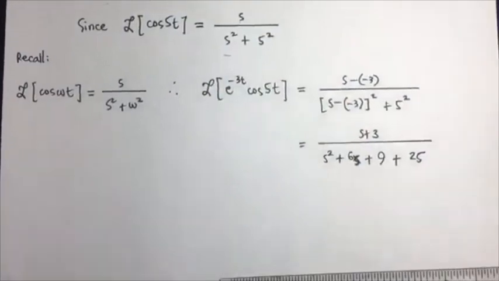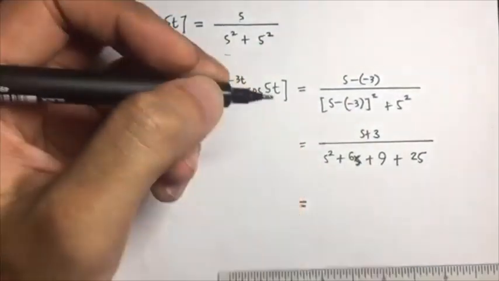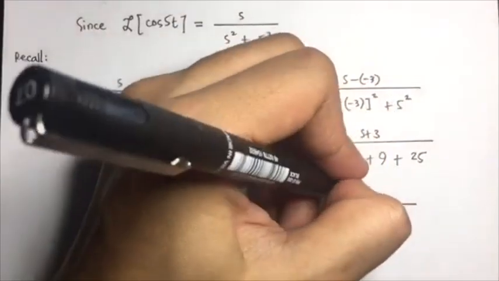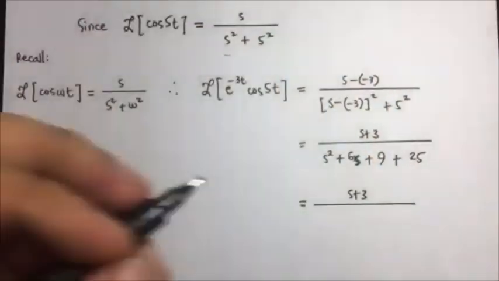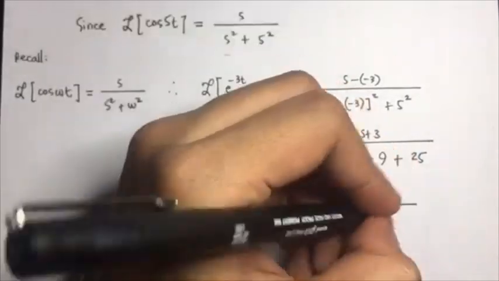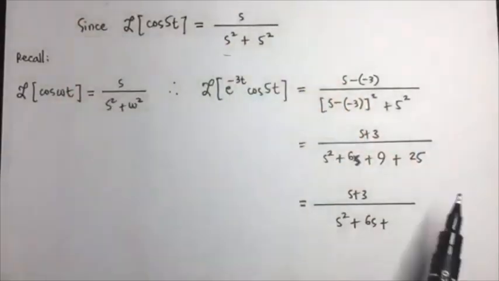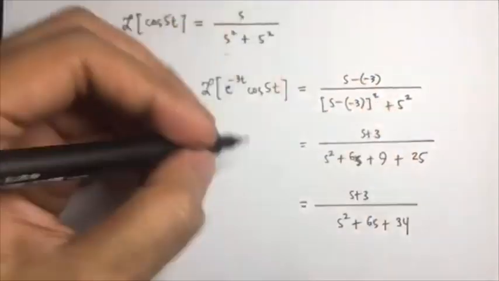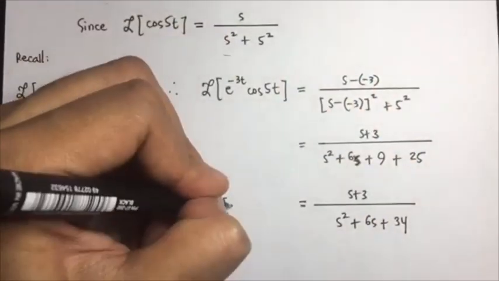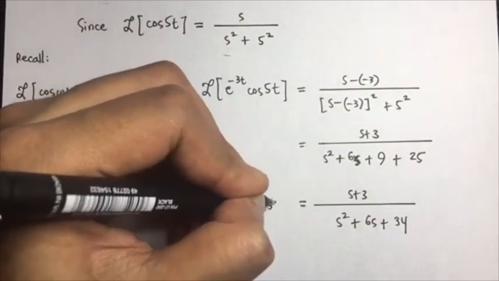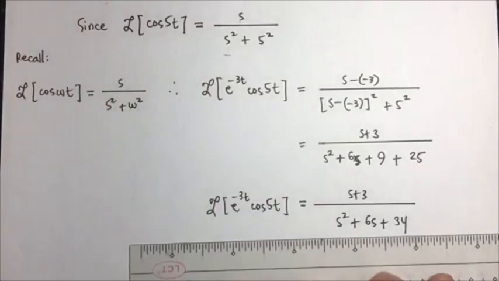Simplifying, the Laplace transform is now equal to s plus 3 over s squared plus 6s plus 25 plus 9, that is 34. So that is now the Laplace transform of e raised to the negative 3t cosine of 5t.